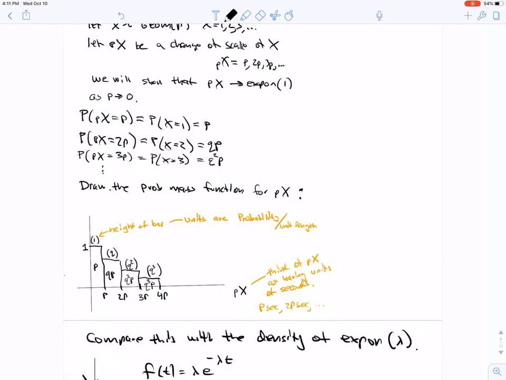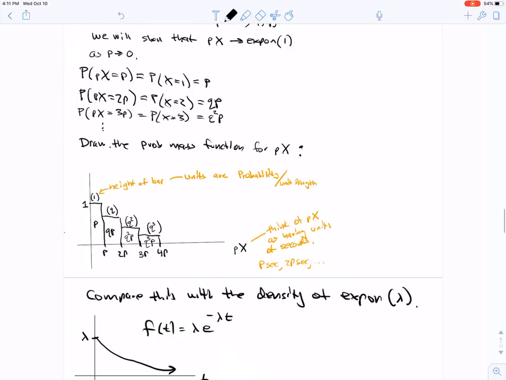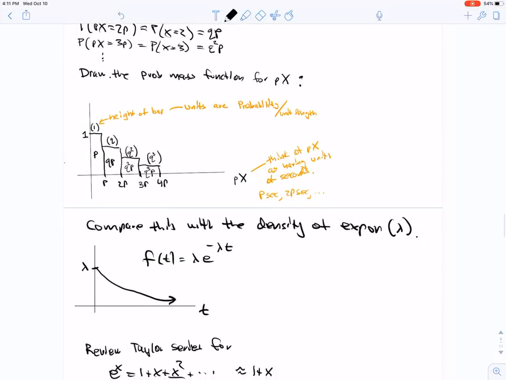The probability that px is p is the same as the probability that x is 1, which is p, and the probability that px is 2p is qp, and so on. You can draw the probability mass function for px, and it'll look like what I've shown here. As we discussed, the height of the bars here is probability per unit length. So the height of the first bar is always 1, no matter what p is.